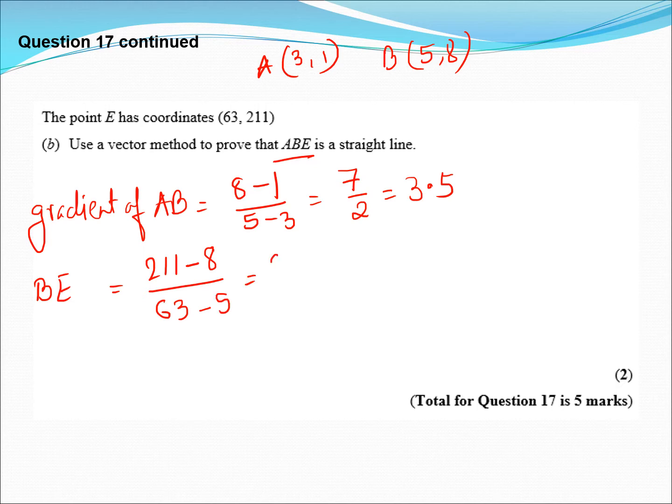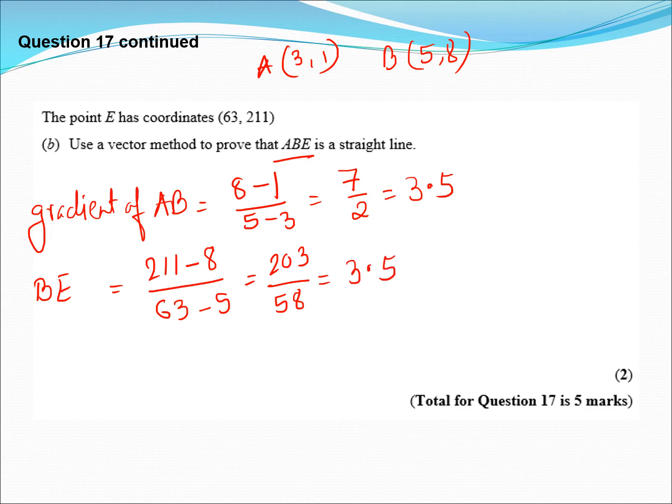So I'm getting 203 in the numerator and 58 in the denominator.